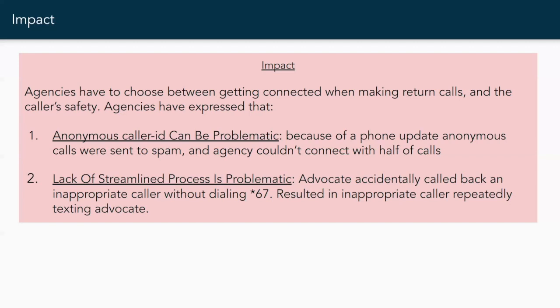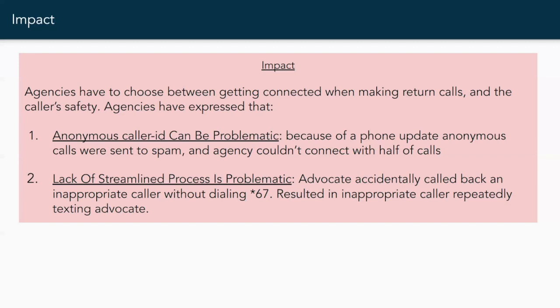And I encountered a phone update in the spring of 2020 that automatically flipped a lot of people's phones to block calls from anonymous caller IDs. And that would have to be flipped off for an agency using anonymous caller IDs to actually be able to connect with the survivor.